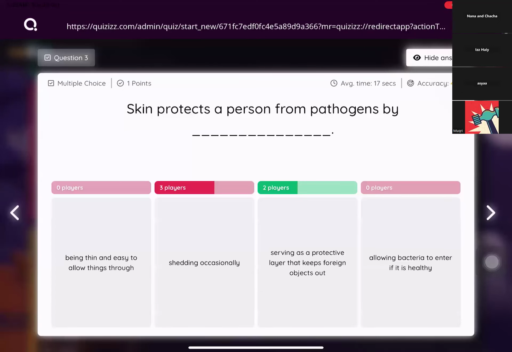Wait, shedding occasionally, right? I want to check. Oh yeah, that one is also correct actually. Skin protects a person from pathogens by shedding.